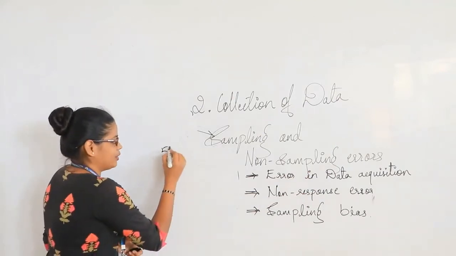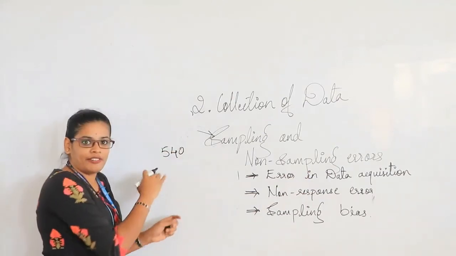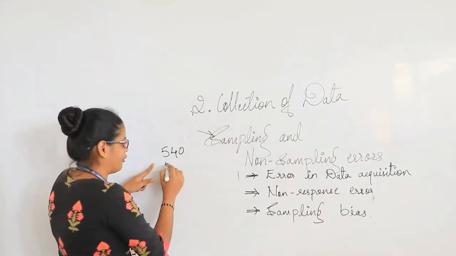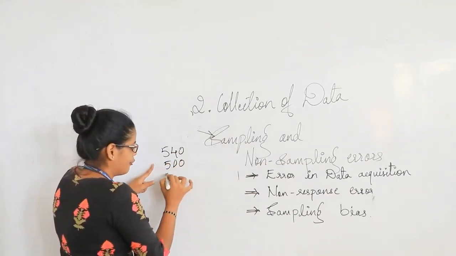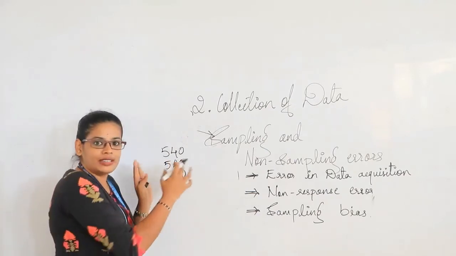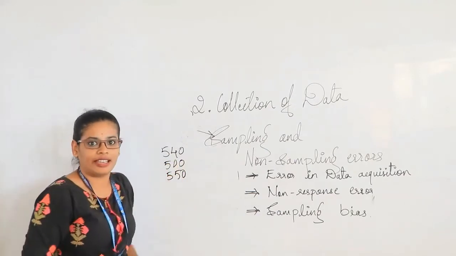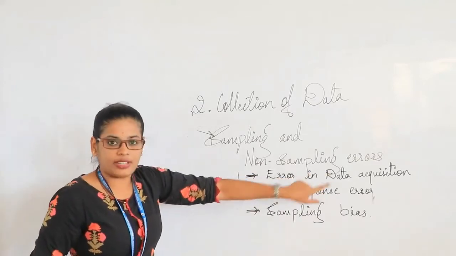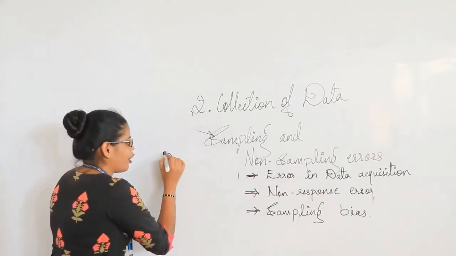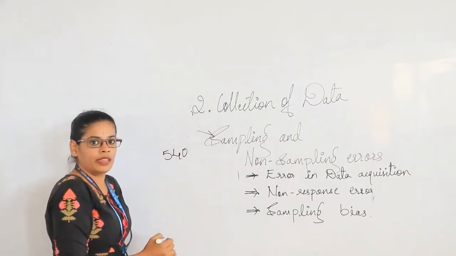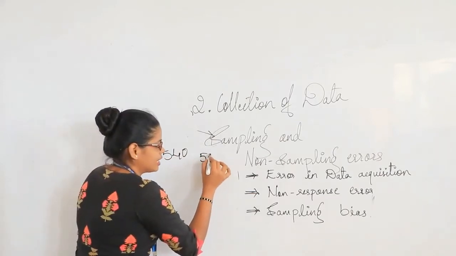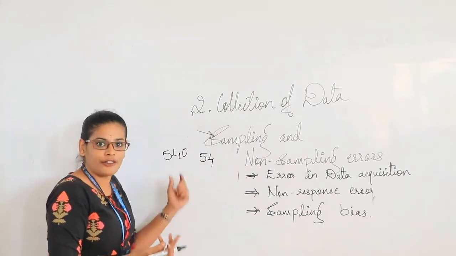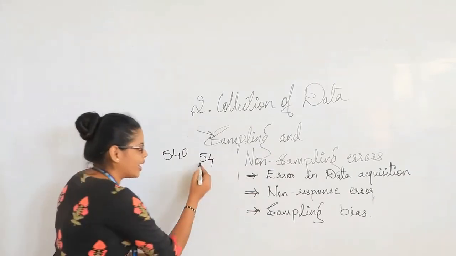We have received data as in the previous example, right? 450, 500, 550. So this was the data which we have collected. Here in this data acquisition, what has happened is instead of 540, you might have written 54. So what has happened here?